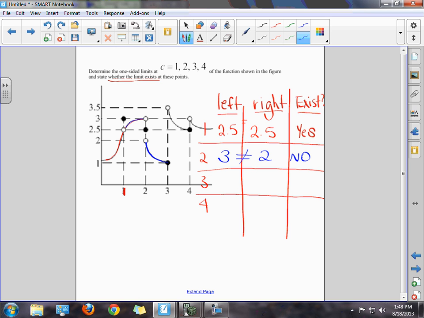All right, now I want you guys to pause the video, do the other 2, come back to me, and I'll give you the answers. All right, here you go. This one is 1 and 3.5, so these things are not equal, and that doesn't exist. The last one is 2.5 and 3, and these things are not equal, so that one doesn't exist either.